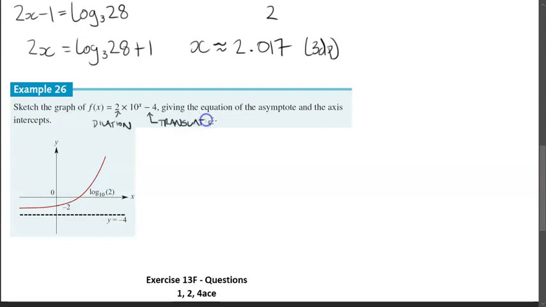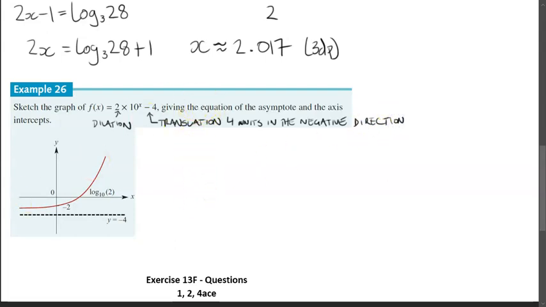We know this is being shifted 4 units down. The proper notation is a translation 4 units in the negative direction, and it's negative because there is a negative number attached to that 4.